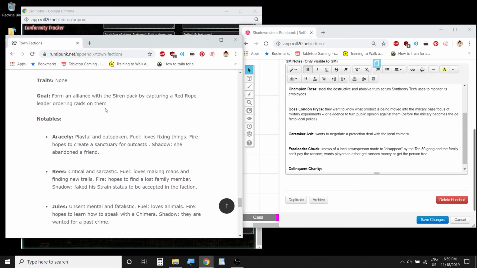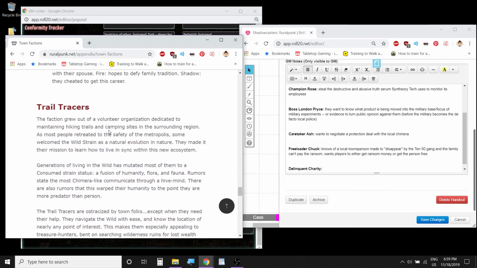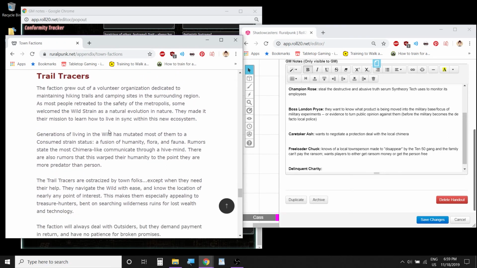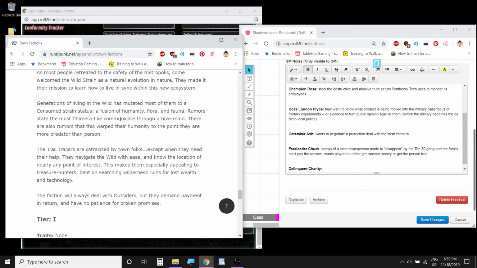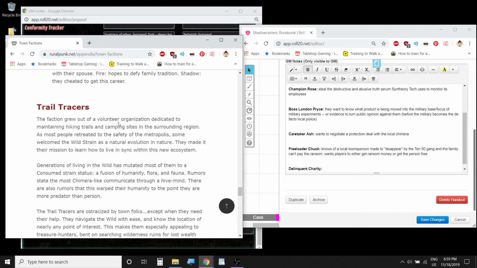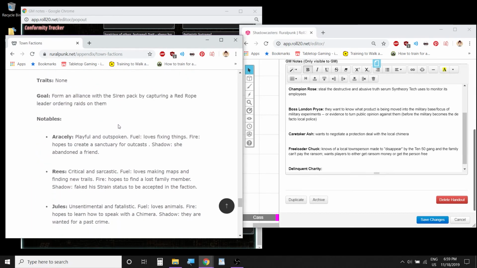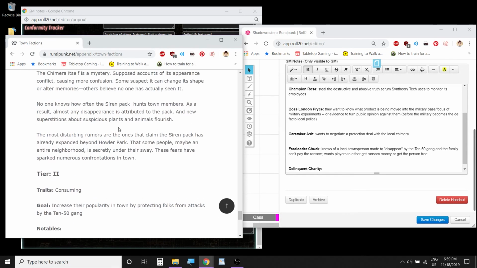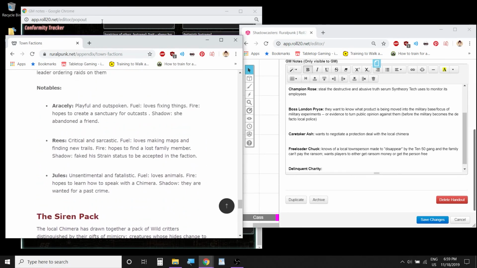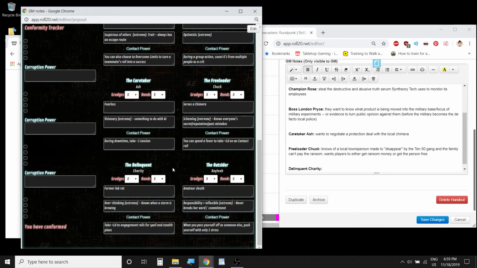I mean, the Trail Tracers are trying to live in harmony with the mutant, the wild strain. They've mutated more than most people. They can communicate almost like Chimera through this hive mind telepathy. They know any point of interest in the wild. So for our delinquent Charity, nothing is actually jumping out at me for her. She knows trouble is brewing.